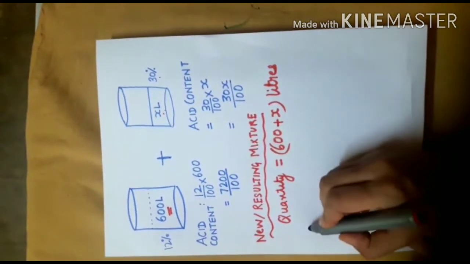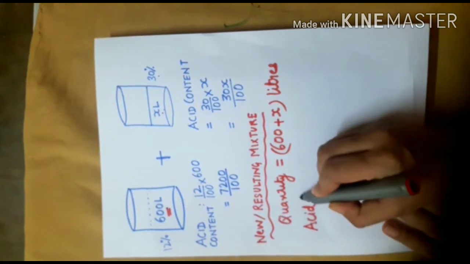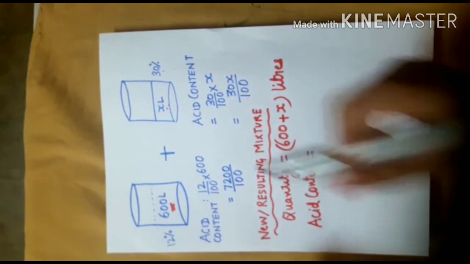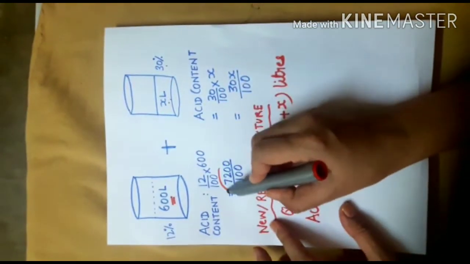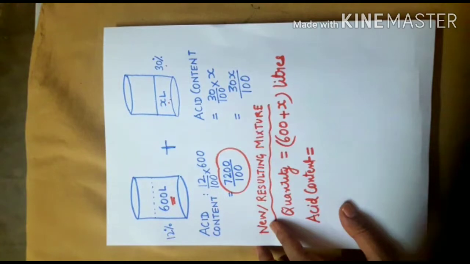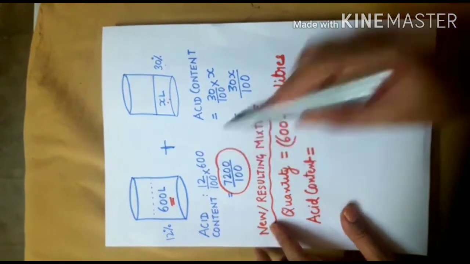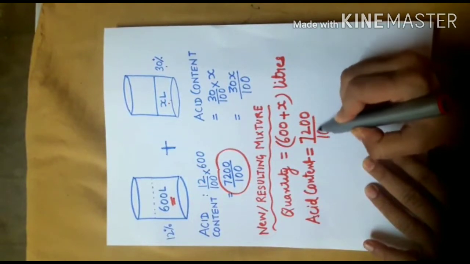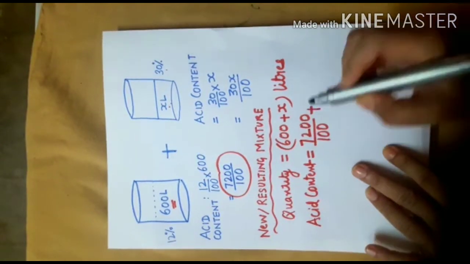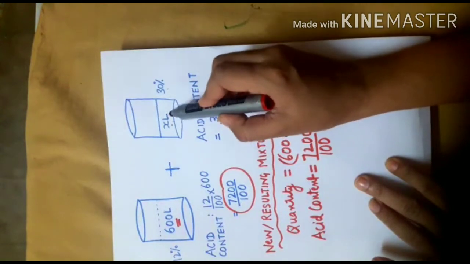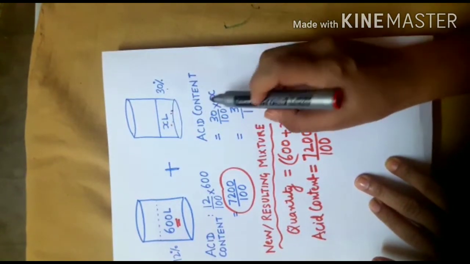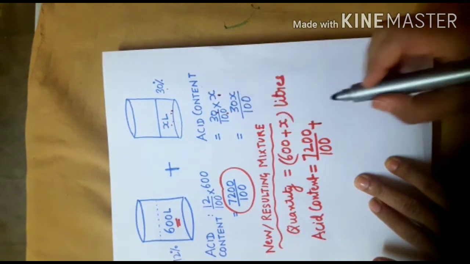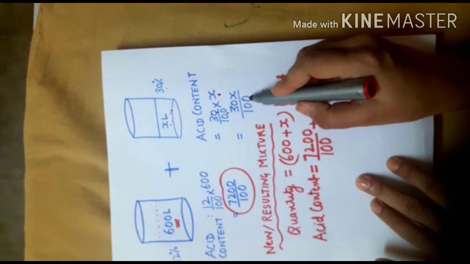Now, in the resulting mixture, acid content will be equal to, originally the acid content was this 12% of 600, 7200 over 100 plus, in this the acid content will be 30% of X. So it will be 30x by 100.